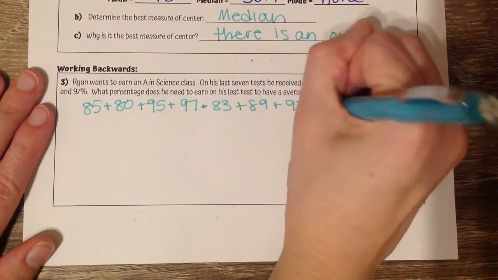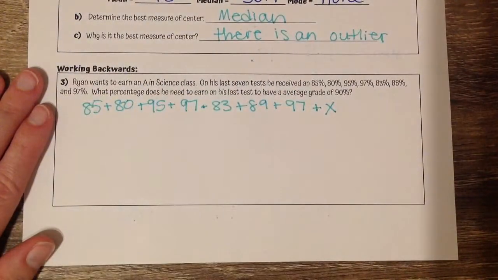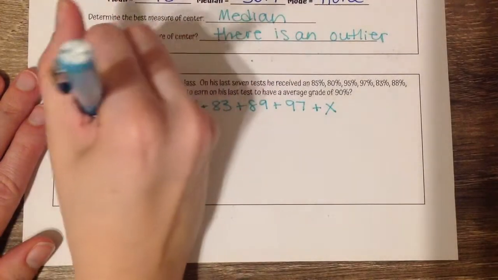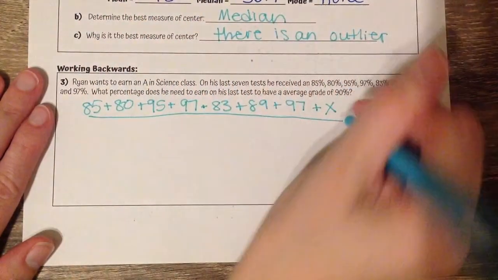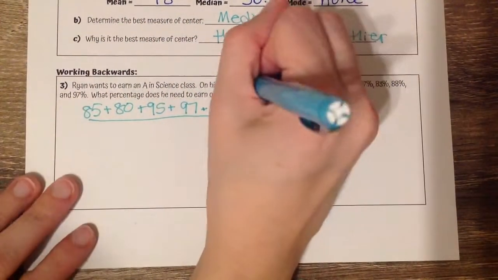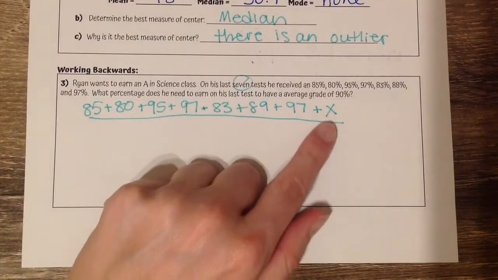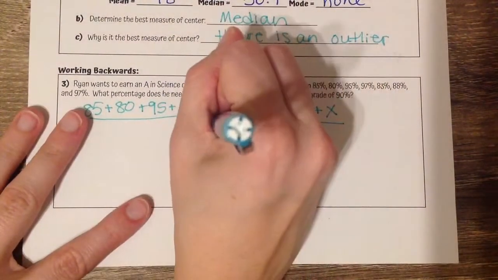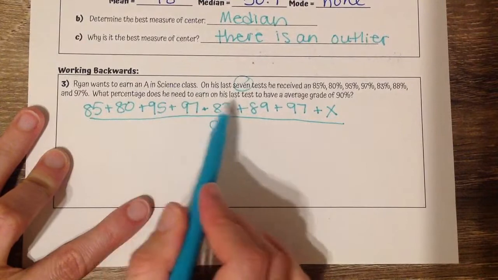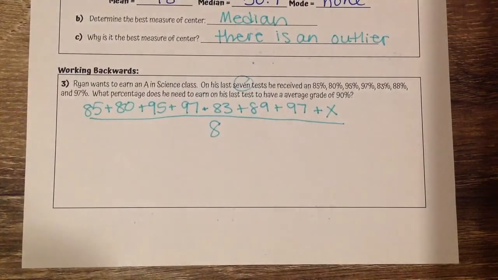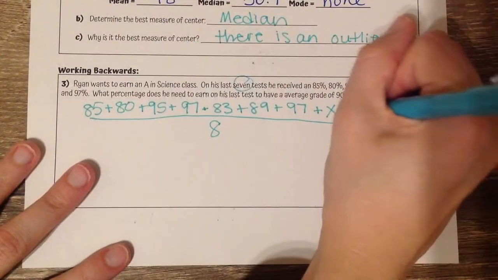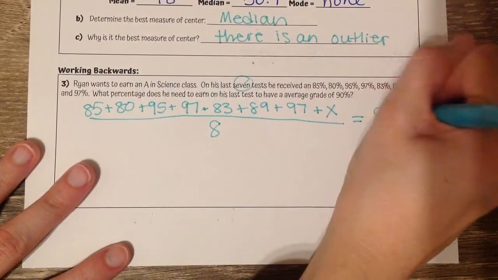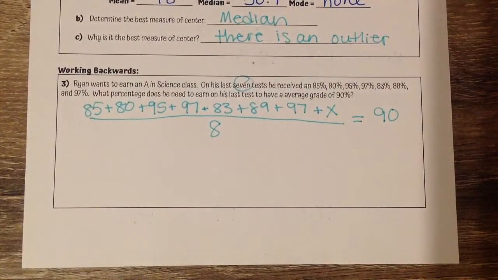Plus this unknown test grade. We don't know what it is. To find the average, we would divide this by the number of tests. It's not just 7 tests, because he has this additional test, which means we have 8 tests. 1, 2, 3, 4, 5, 6, 7, plus the unknown is 8. And we want that to equal at least an average of 90.